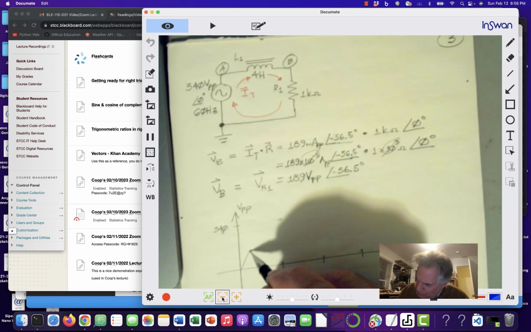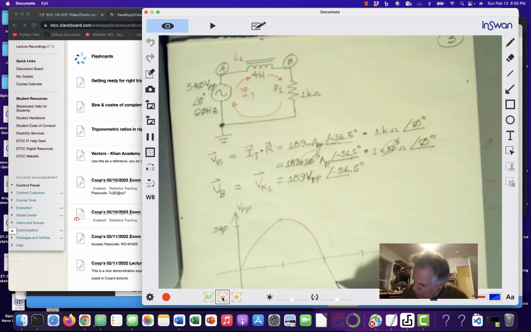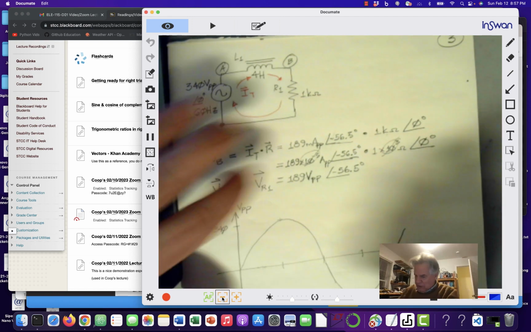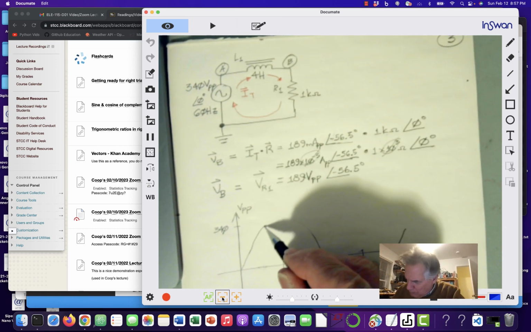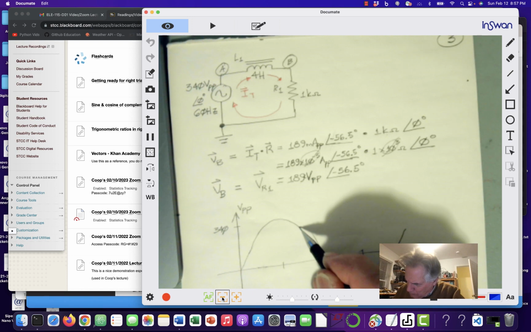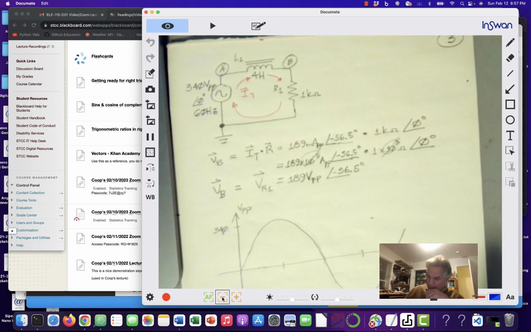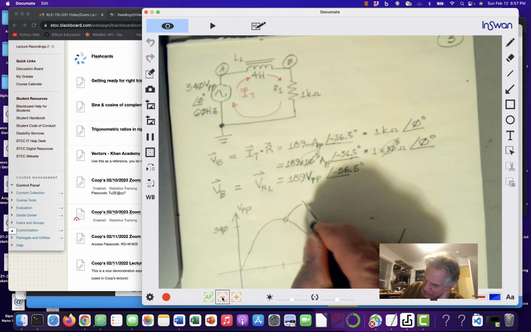So the voltage, still pretty bad. All right, so this right here is our source voltage.